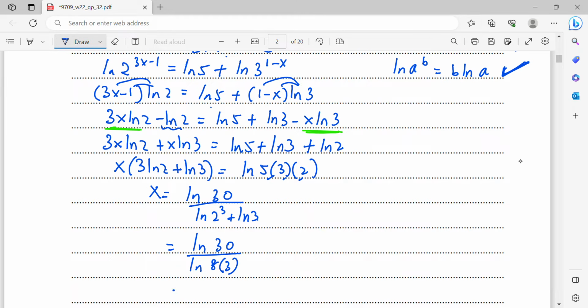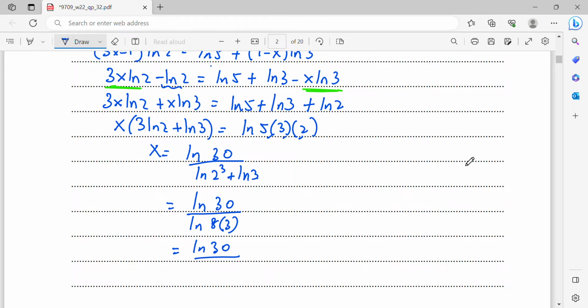So at last, I will be getting ln 30 over ln 24. That is the solution of number 1. So that's all for the question 1.